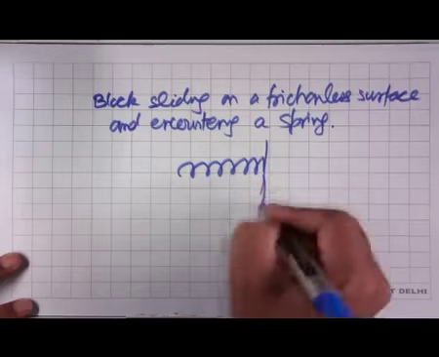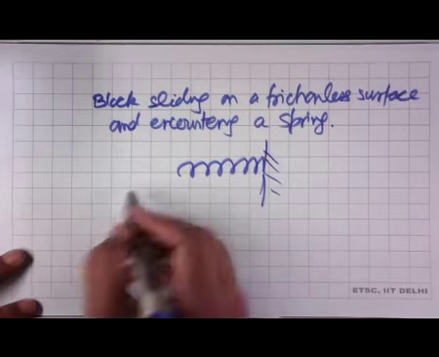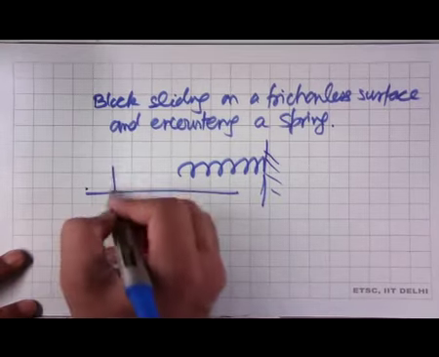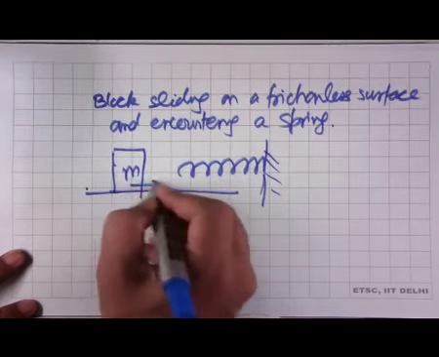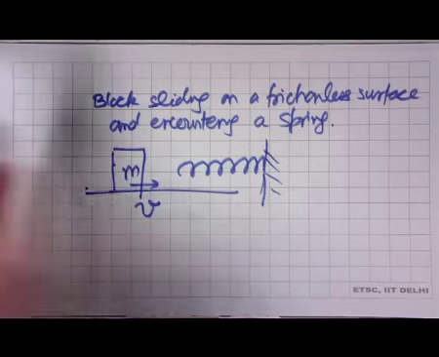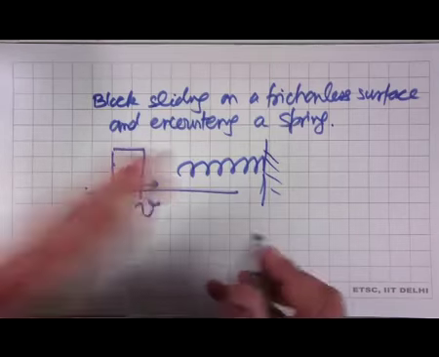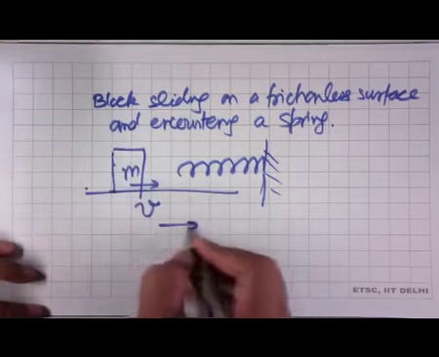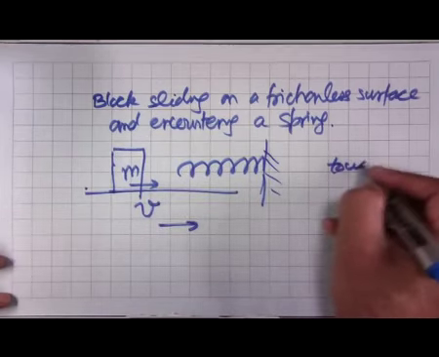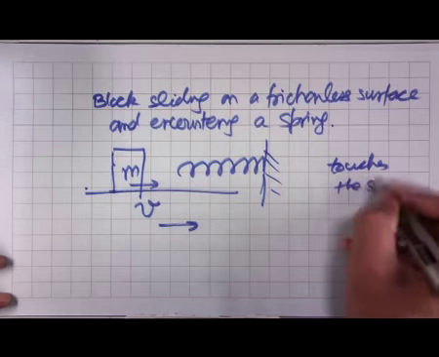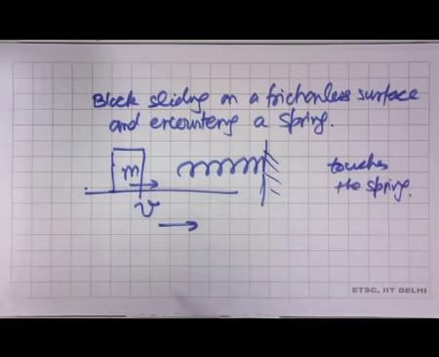We have a spring, and a block of mass m moving with velocity v is travelling in this direction and it touches the spring.